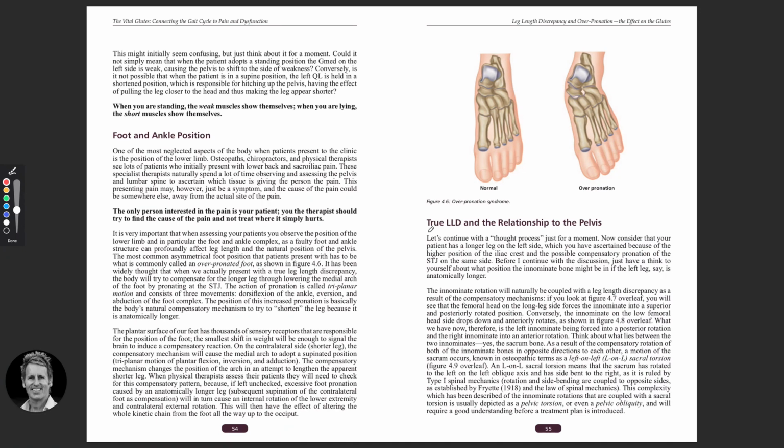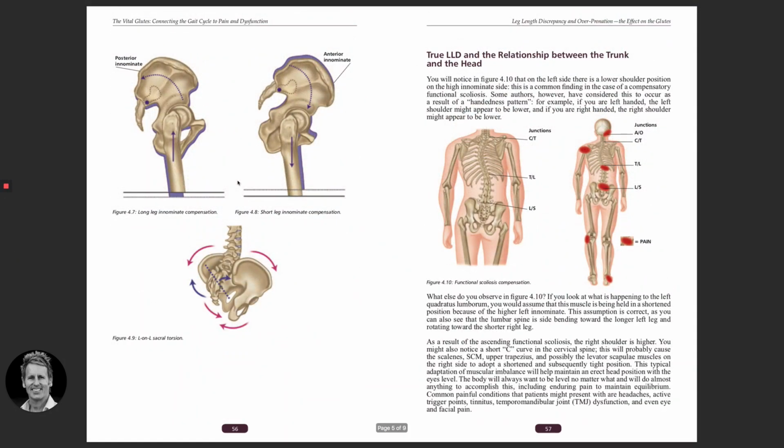If you've got a true leg length discrepancy, let's say for instance the left leg is physically longer anatomically, then it has a different type of compensation to the pelvis. Okay, it has a different type. Now, let's move on and I'll show you what I mean. If we have a longer leg, true leg, then you can see here, so we have a long leg compensation.